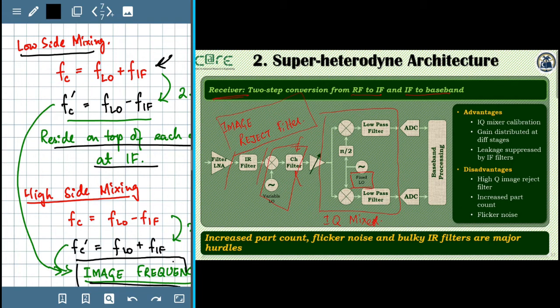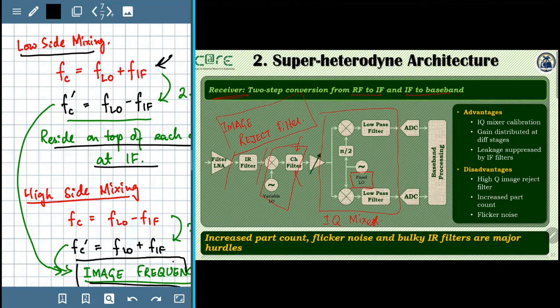Because FC, the center frequency, is quite high as compared to the intermediate frequency, and this particular image reject filter needs to suppress the interfering signals as close as 2 FIF apart from its center frequency. The increased part count and flicker noise are the other disadvantages, and that makes us move to explore other possible architectures as well.